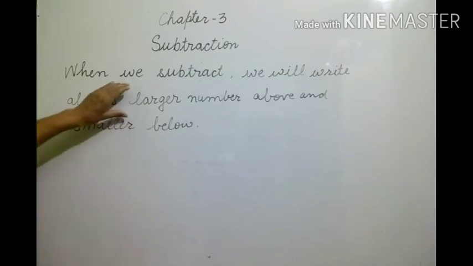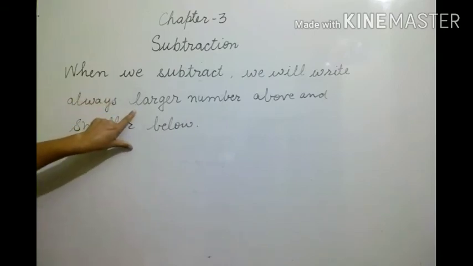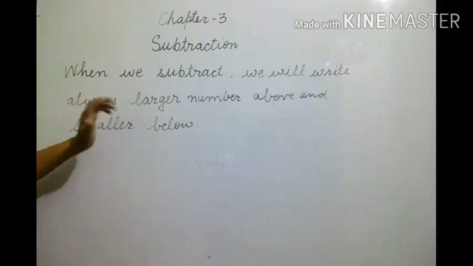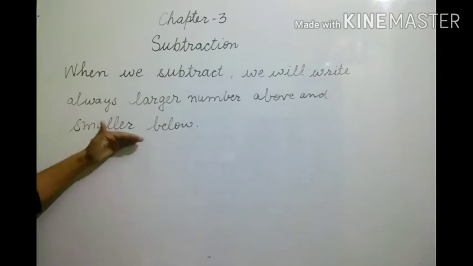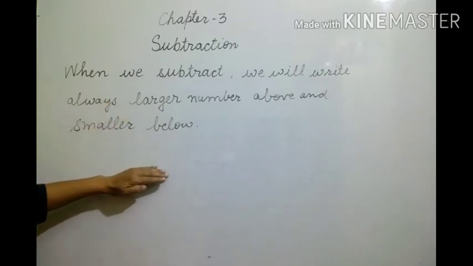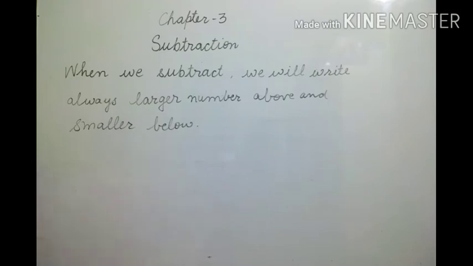This is the rule of subtraction. We always subtract from the larger number, upside we will write it and smaller number downside, then we will subtract.